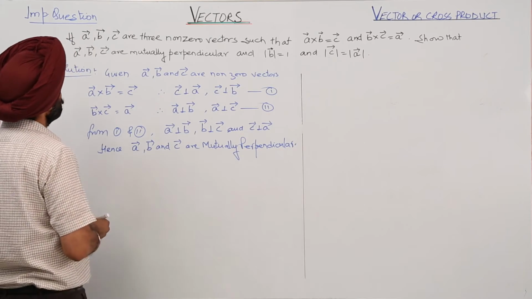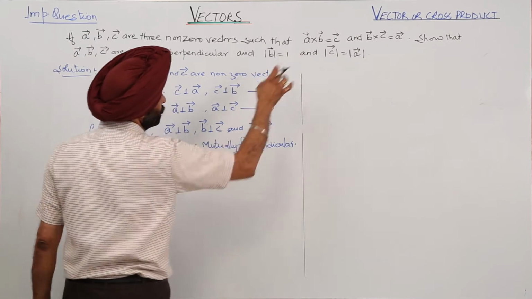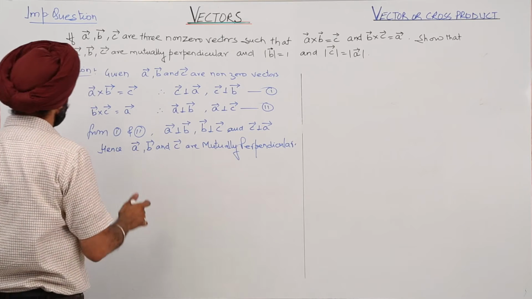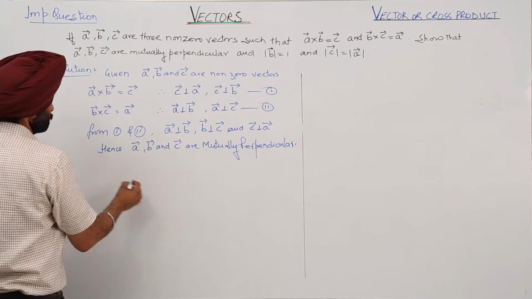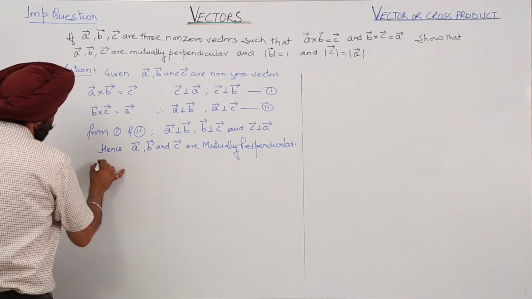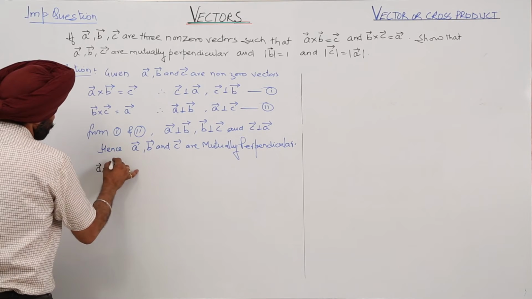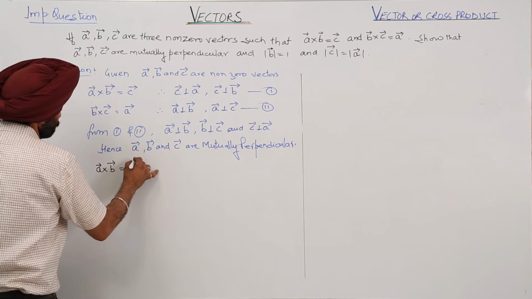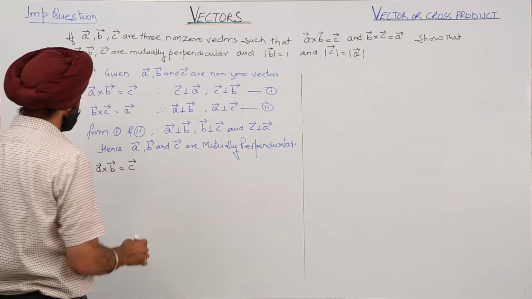Now we have to show that magnitude of B is 1 and magnitude of C is equal to magnitude of A. Now, vector A cross vector B is equal to vector C. This is given.